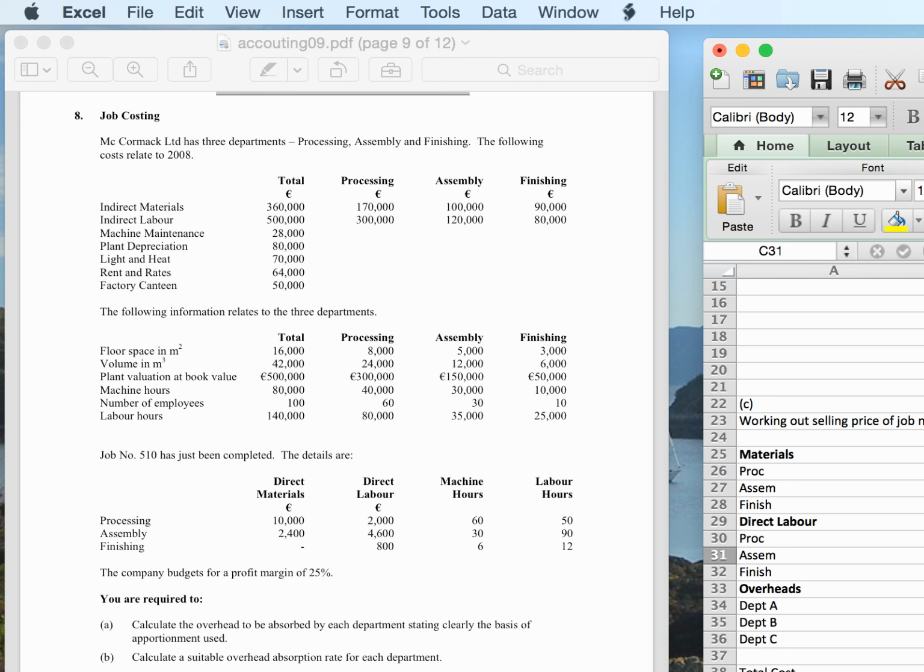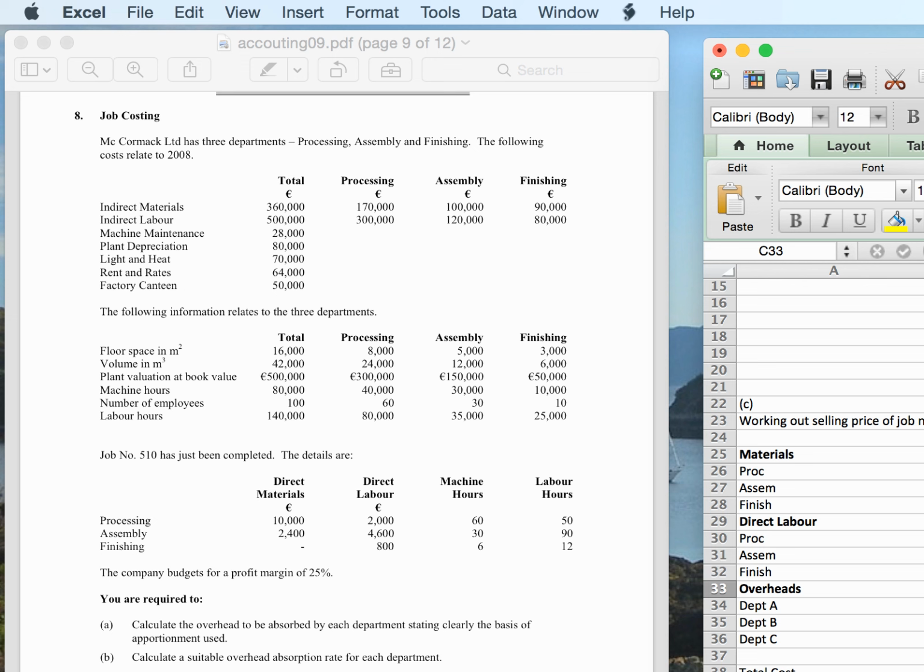Okay, again, no calculations needed. 2,000 euros of labour, 4,600 of labour in the assembly department, and 800 in the finishing department. So we add all those three figures together, and that gives a total amount of labour. So now, this is the bit that does cause problems for people. I just realised I need to bring these up one.